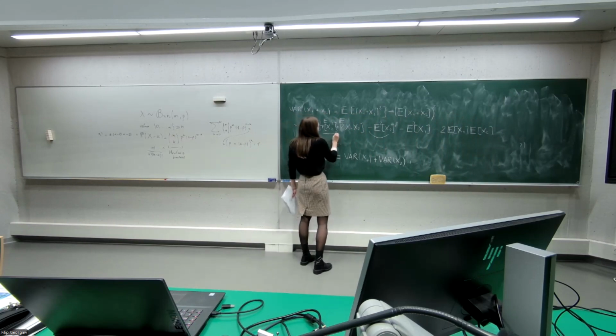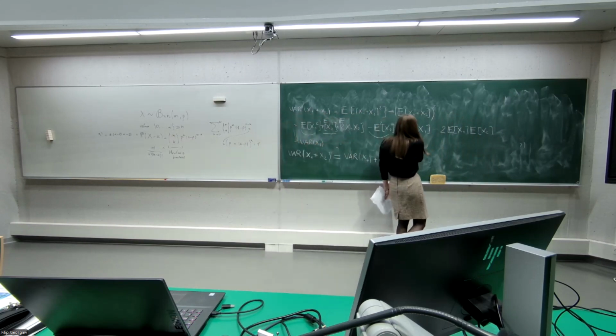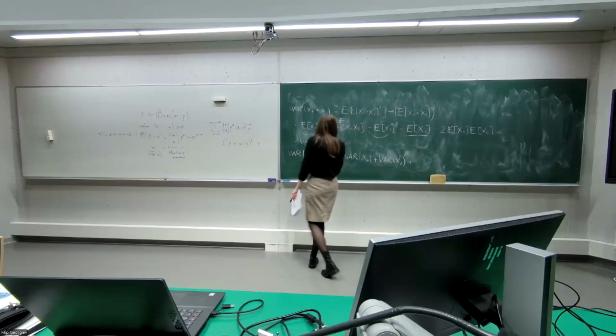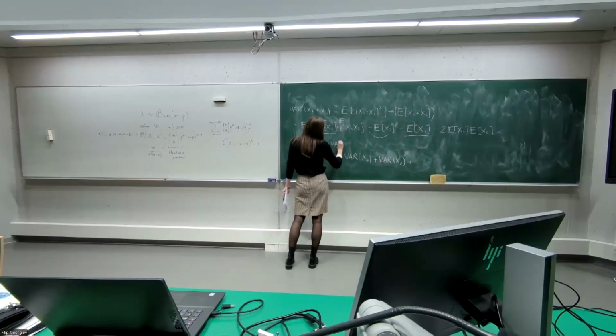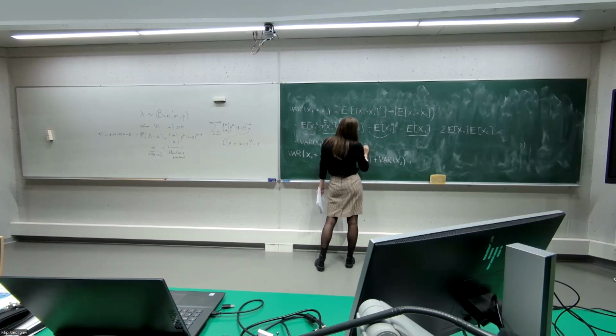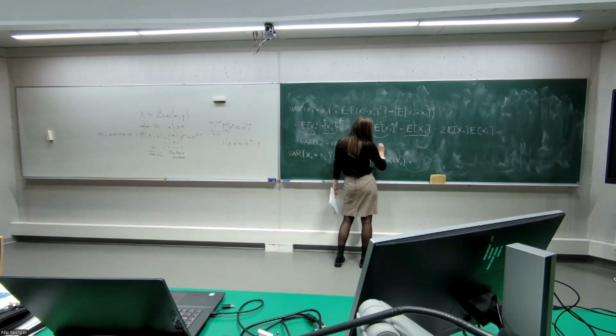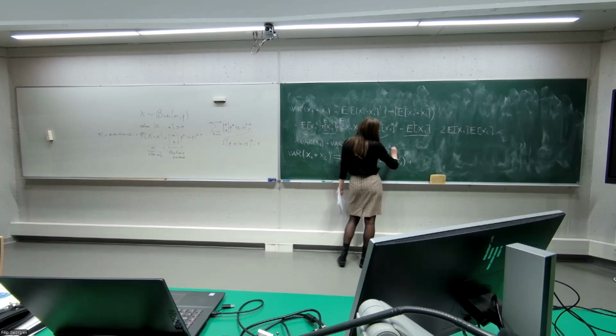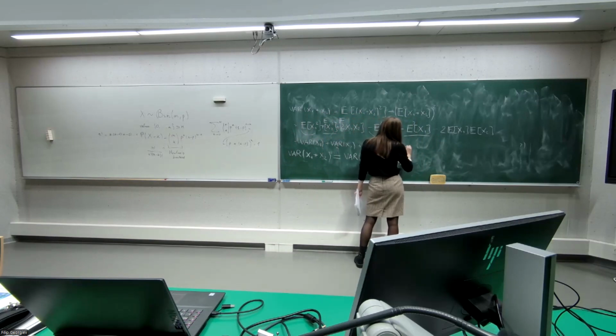And this is the variance of x2. But then you have this: 2 times the average of x1 x2 minus the average of x1 times the average of x2.